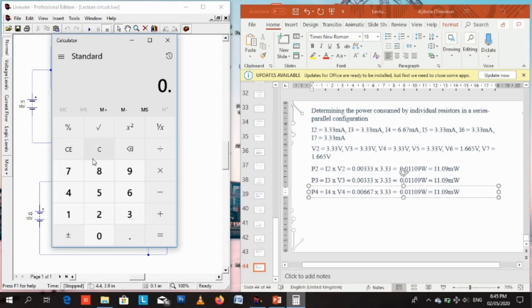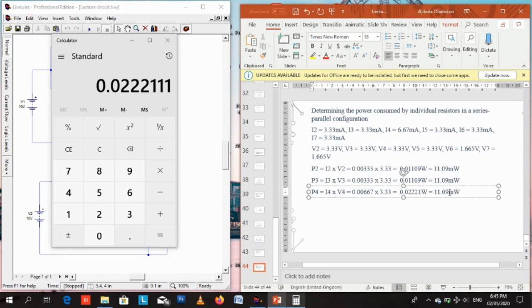So let's multiply 0.00667 by 3.33 volts, and that gives us 0.02221 watts.